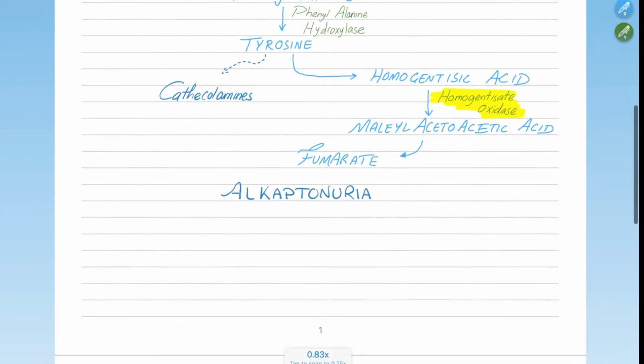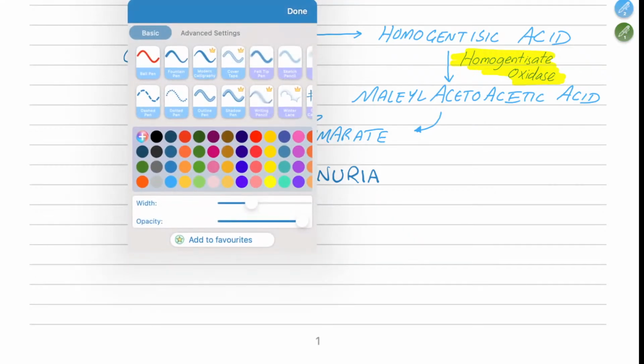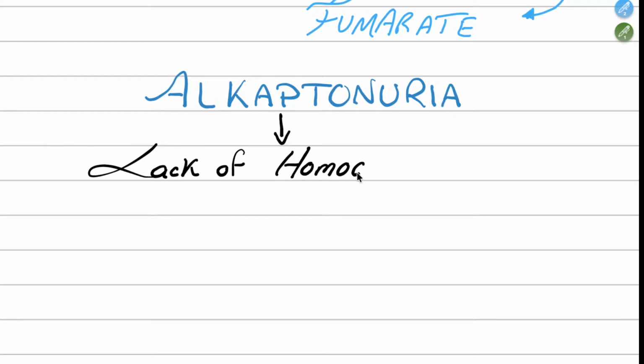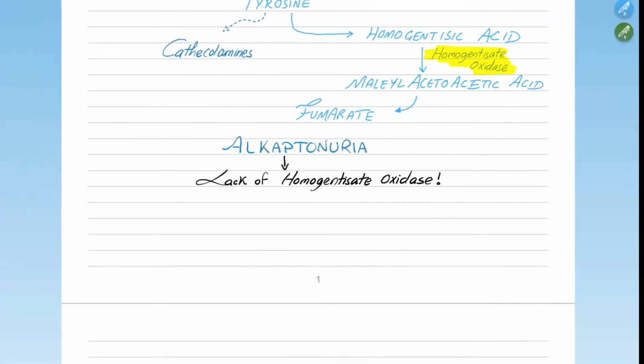Of course that is trouble. When you lack homogentisate oxidase, you have an increase in homogentisic acid, a decrease in fumarate, and a decrease in maleylacetoacetic acid, and of course that leads to problems.